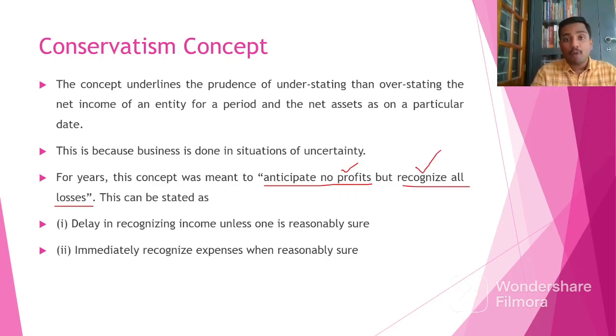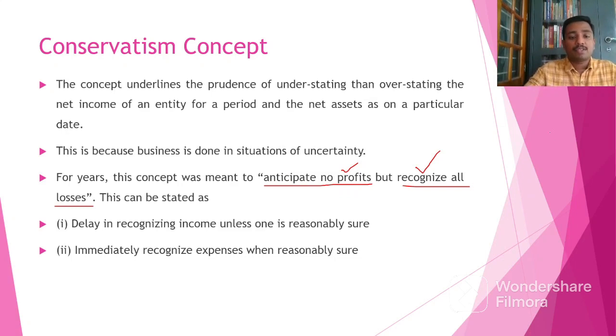So in terms of profit, if it is an anticipated one, it should not be recorded. But if an immediate loss is there, it should be anticipated and recorded. That is known as conservatism, playing a safe game. All the losses should be considered and treated. But if it is a profit, it should be considered, but not actually recorded.